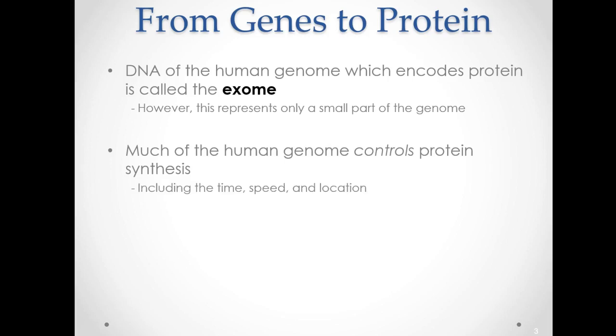Most of the rest of the genome is actually controlling protein synthesis: when to do it, how fast to do it, which cells to do it in. So the rest of our DNA is involved in our overall instructions on how to build and maintain a living thing. It's just that those other pieces outside of the exome are more for regulation and control.